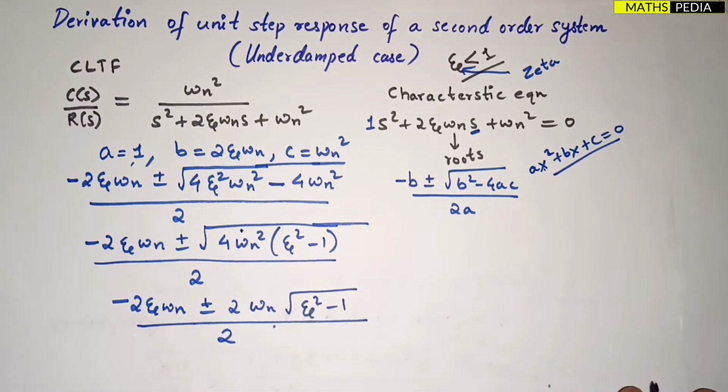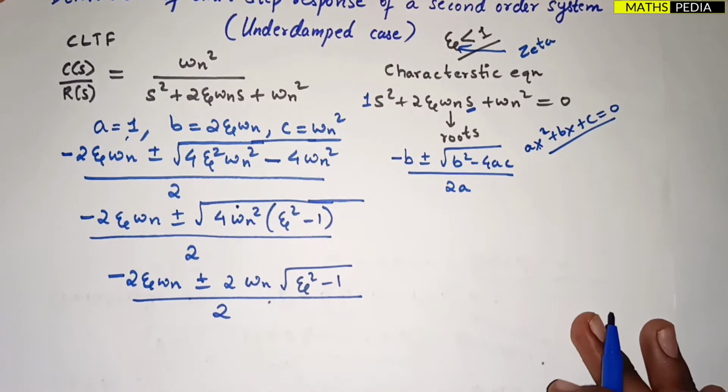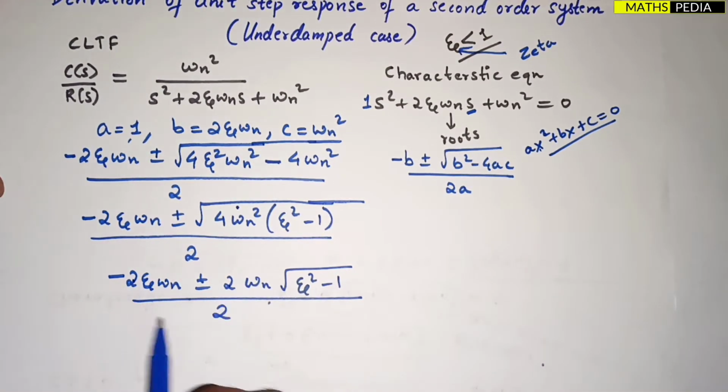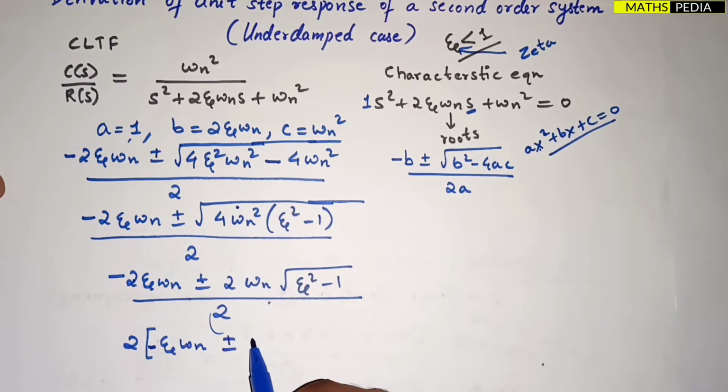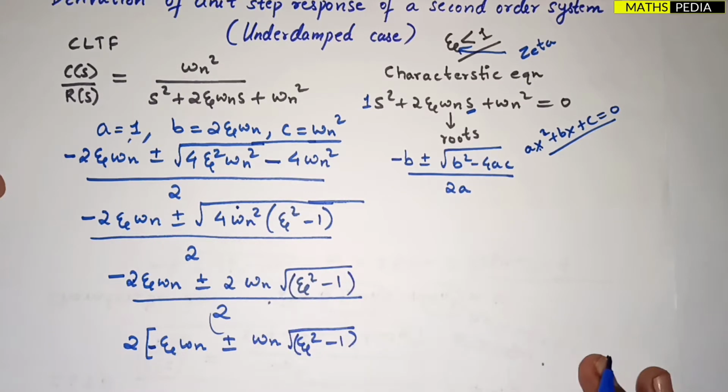Now, next step, I can take 2 common and cancel it with this. Taking 2 outside, what happens? Minus zeta omega n plus or minus omega n into the square root of zeta square minus 1.